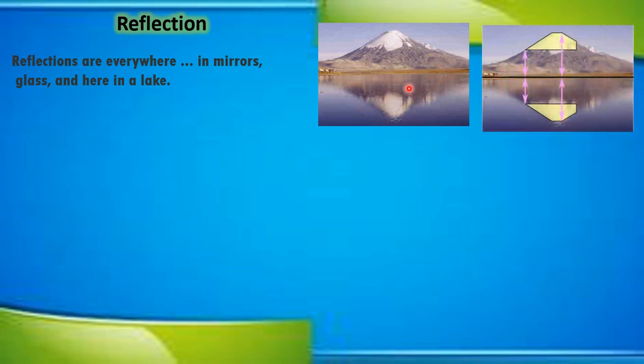In the second figure, the black horizontal line gives the upper part of the hill, which is the actual hill, and the lower part in the lake is its image. So this line which divides these two is known as the mirror line.